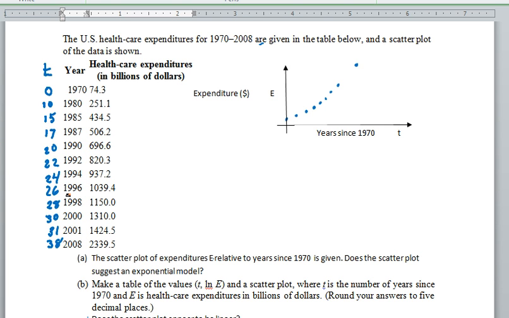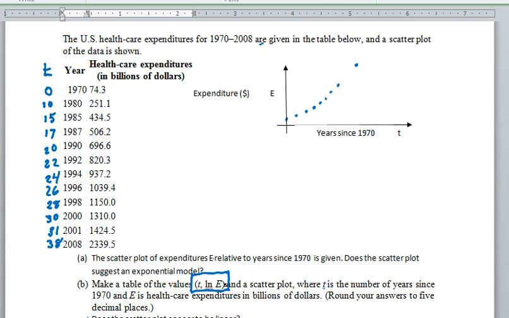However, we've seen that power functions can appear to have the same behavior over a short set of x values. So what we are going to do is graph t versus the natural log of E. And if that is linear, that is confirmation that the original data is exponential.